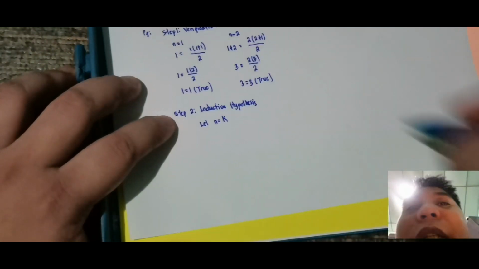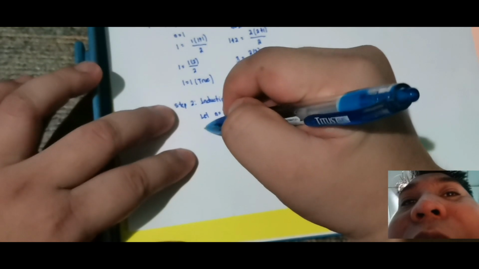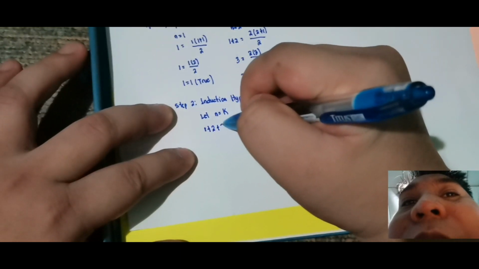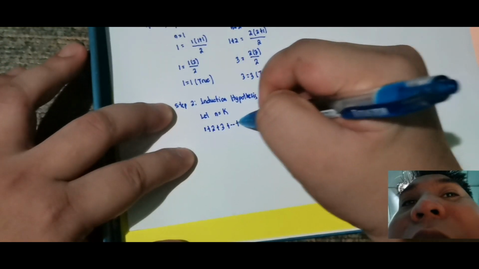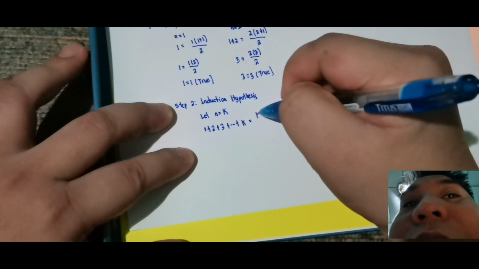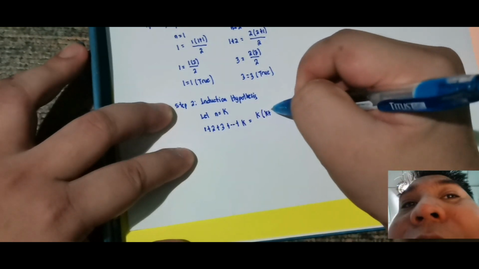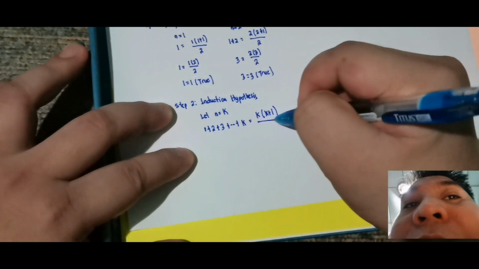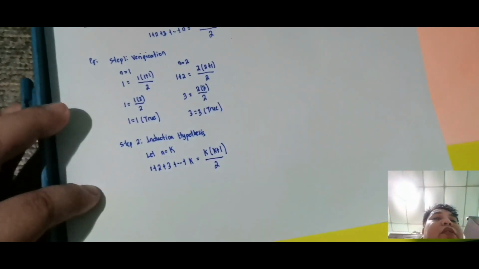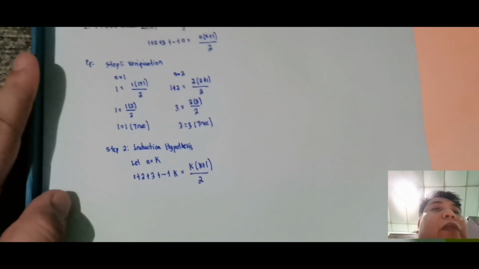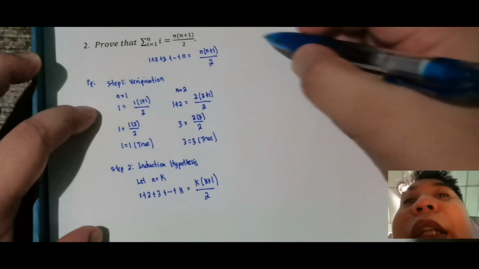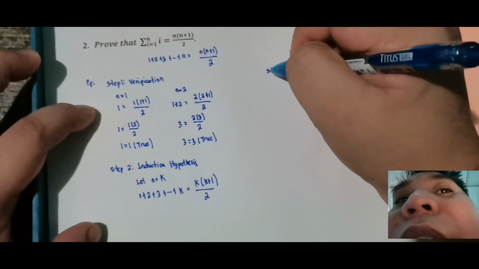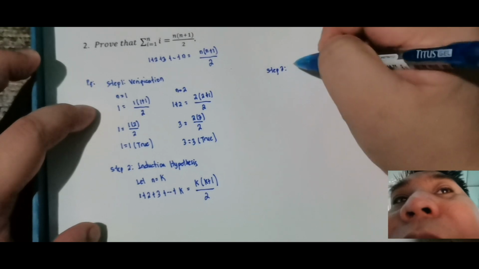So mula doon magpapalit lang tayo, that is equal sa 1 plus 2 plus 3 plus dot plus k is equal to k times k plus 1 all over 2. Okay, so somewhere mamaya sa proof gagamitin natin yan. Okay, then step 3, lagay ko lang dito. So step 3 sa proof of induction.